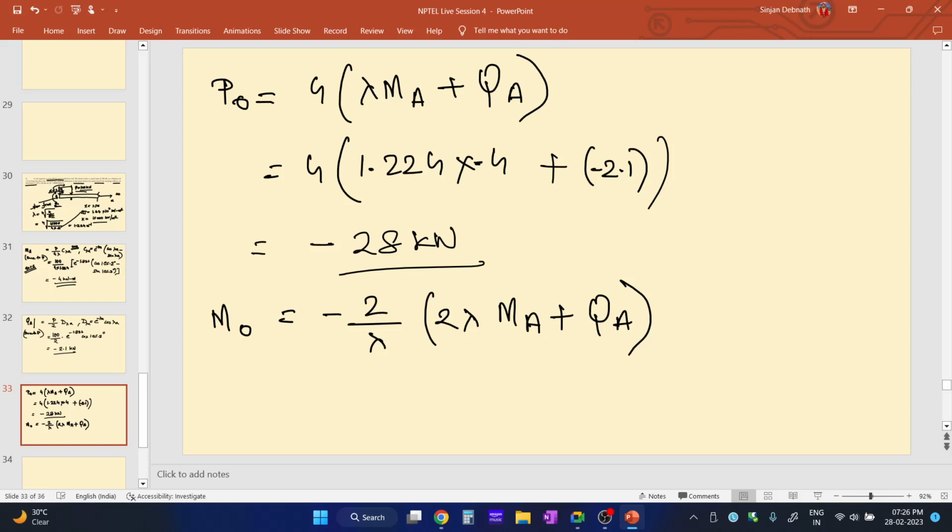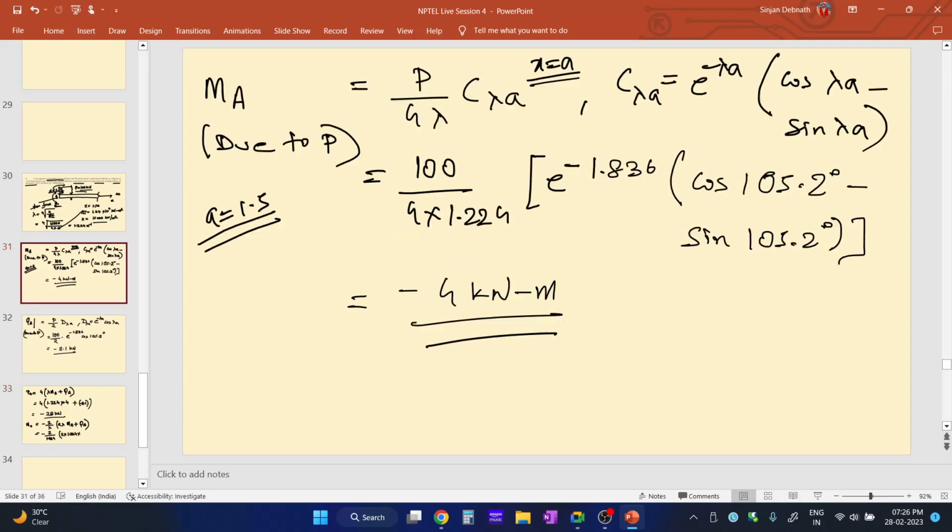You will get everything, how these end conditioning moments are working, and how these are coming. So the lambda we know. Now let us put the values of all the parameters into the equation. So lambda is 1.224. So 2 into lambda means 1.224 into MA.